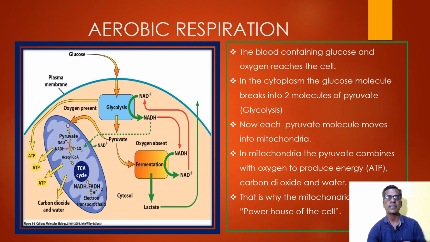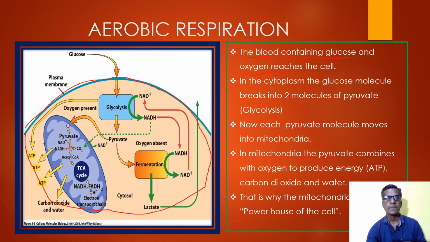Dear students, let's discuss exactly how energy is produced in the mitochondria. The first point is that blood containing glucose and oxygen reaches the cell. See here, this is the diagram of the cell. So into the cell, what is happening?